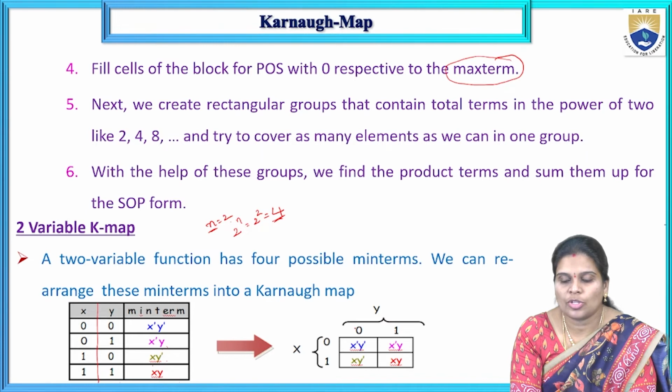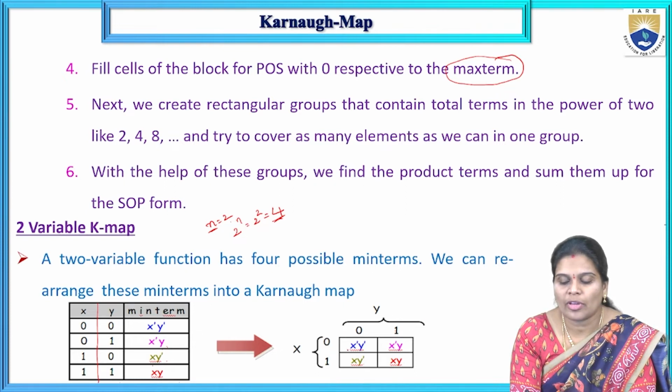Okay. So 0, 0: in this box, we are having the 0, 0, that is X bar and Y bar. Next one, 0, 1, that is X bar and Y. Next one, 1, 0, X Y bar. 1, 1, X Y. So this is the two variable K-map.